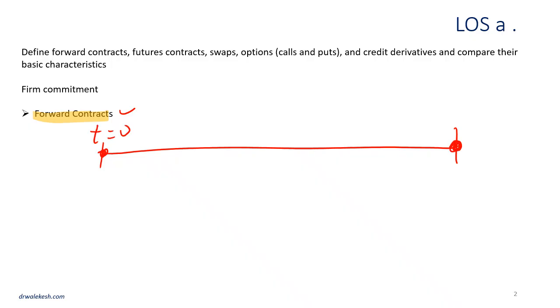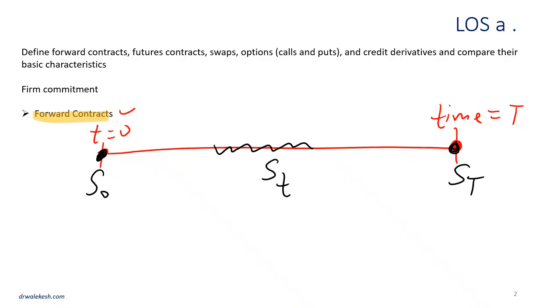At the expiration of the contract, we have time equal to capital T. It is also worth noting that the price of the underlying at the initiation of the contract, that is at time t equals 0, is S0. The price of the underlying during the transaction is S small t, and the price of the underlying at expiration of the contract is S capital T.